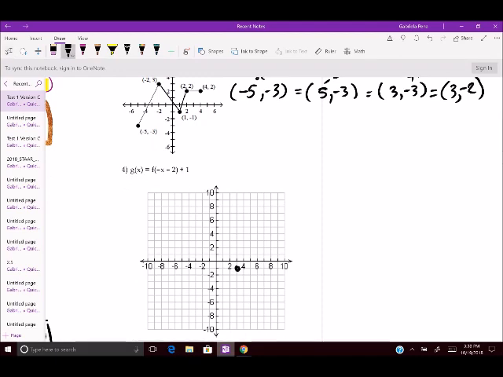Next point there, -2, 3, multiply by a -1, which gives us 2, 3. Subtract 2, which gives us 0, 3. Add 1, which gives us 0, 4, which is right there.